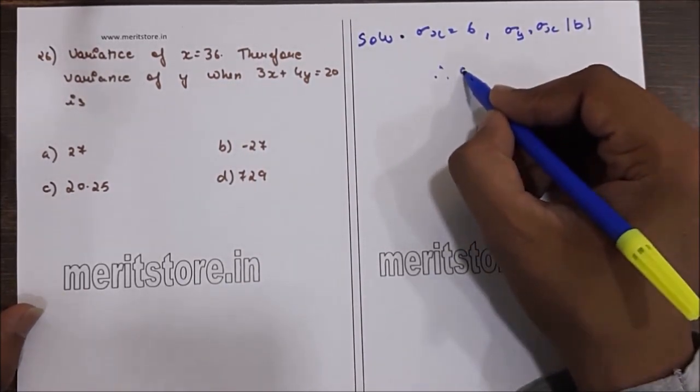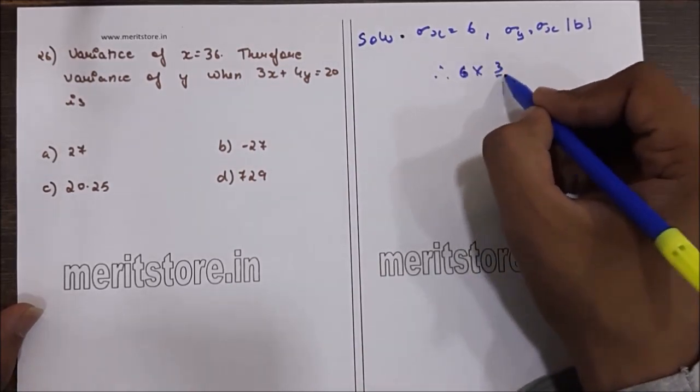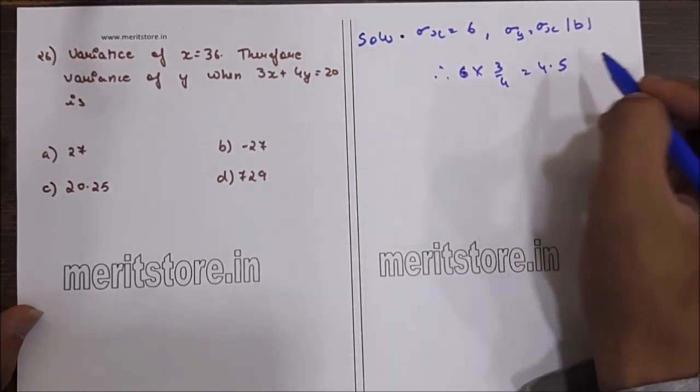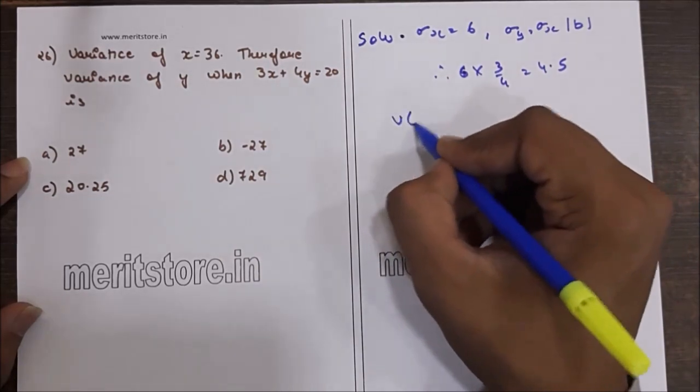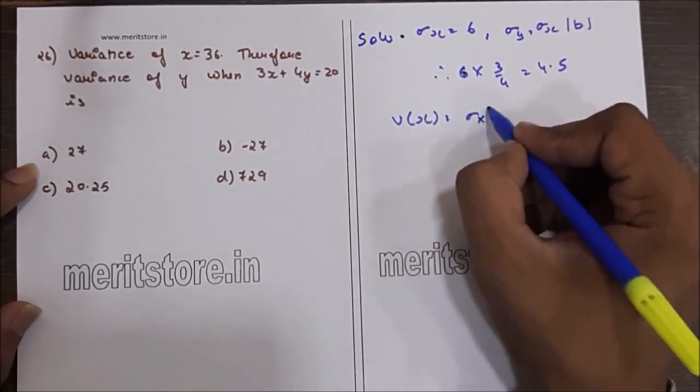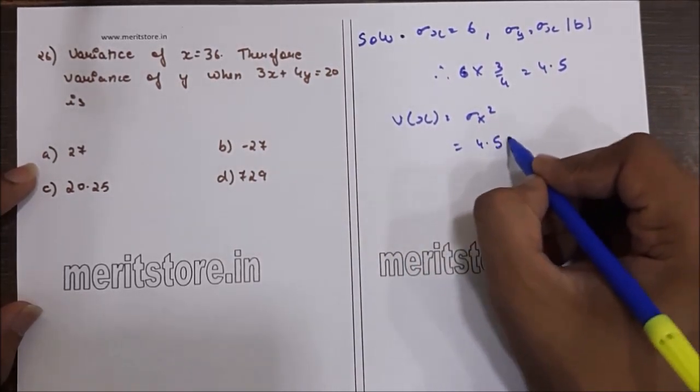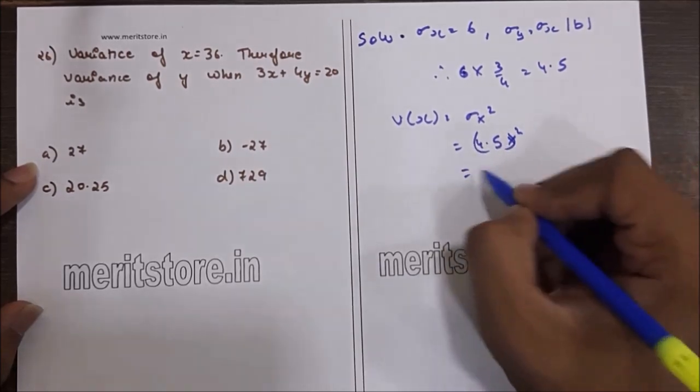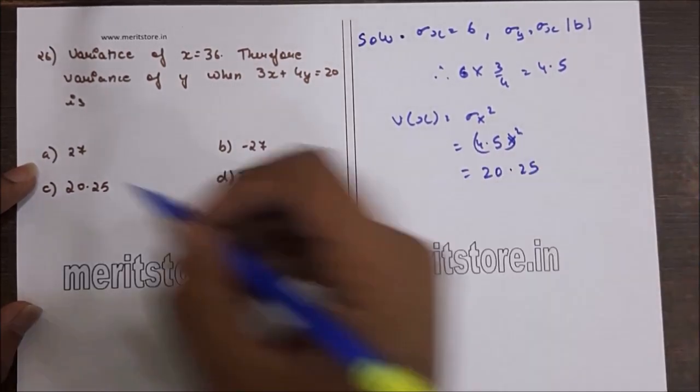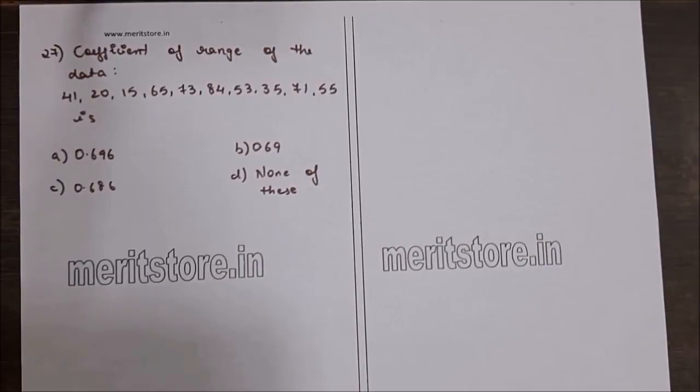Therefore, 6 into 3 by 4 is equal to 4.5. Variance is equal to sigma y square, that is 4.5 the whole square, that is equal to 20.25. Therefore, option C is correct.